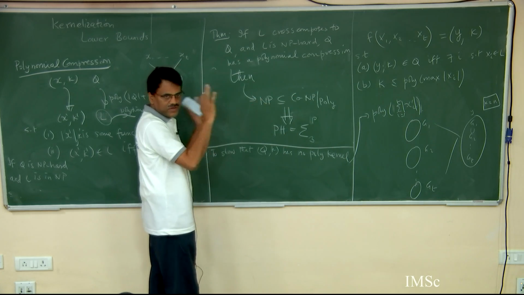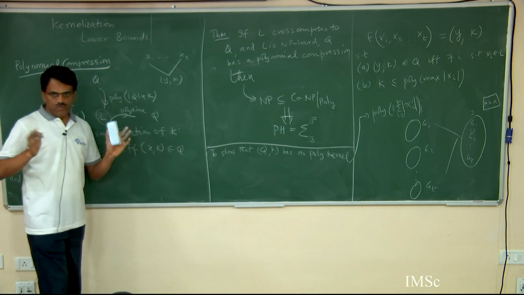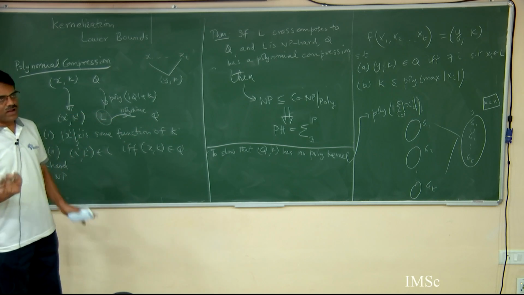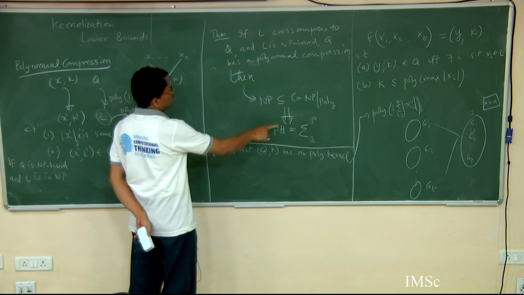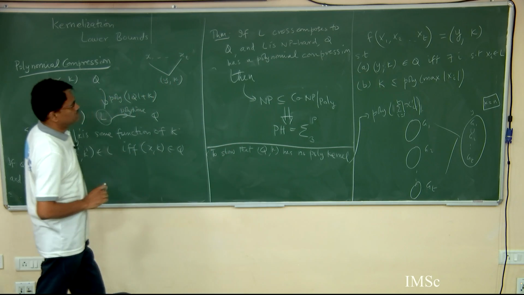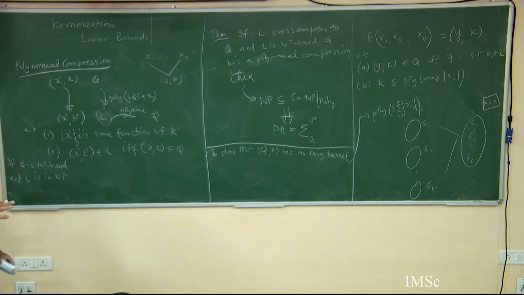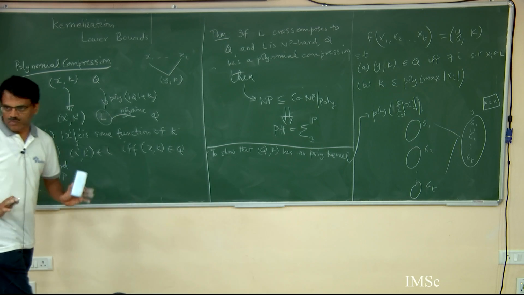Always when we talk about no polytime algorithm, no polykernel, we have some assumptions. To show this, what do I have to show? That is a cross composition from an NP-hard problem to this problem.